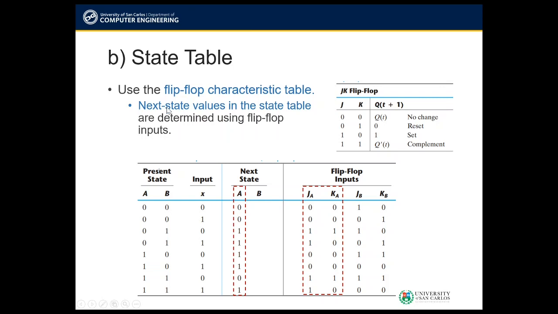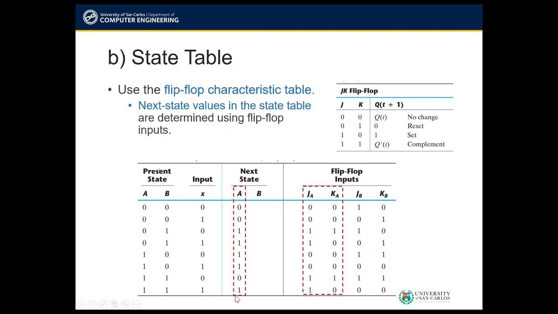Again, the next state values in the middle of the state table are determined using the flip-flop inputs. We look at a pair J and K for flip-flop A, and consider what the next state value is based on this characteristic table and fill out this part of the table.